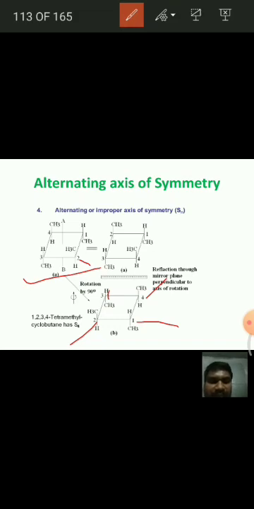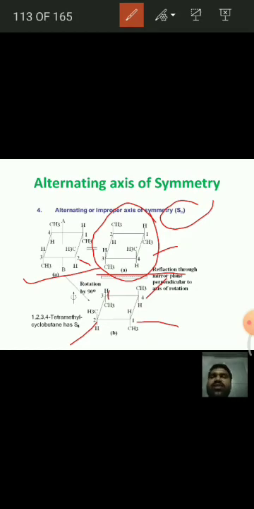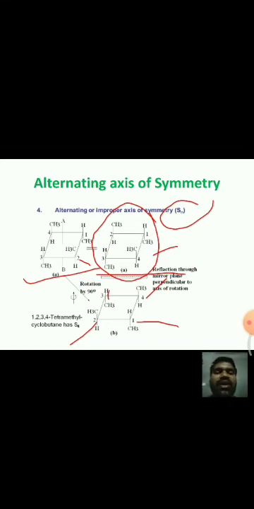And after this reflection, see here, this molecule is identical with the original one, hence this molecule is said to be having an alternating axis of symmetry. That means after rotation followed by reflection, if we get an identical molecule, then the molecule is said to be having an alternating axis of symmetry.